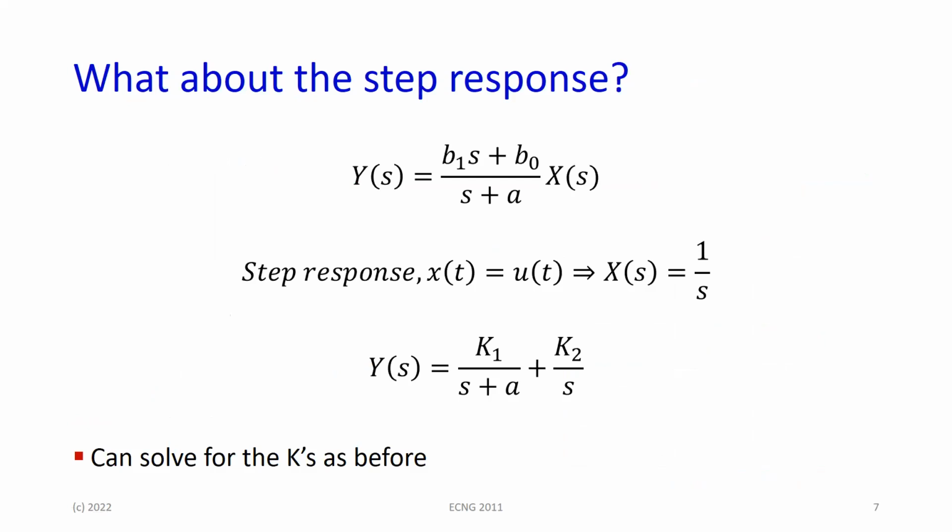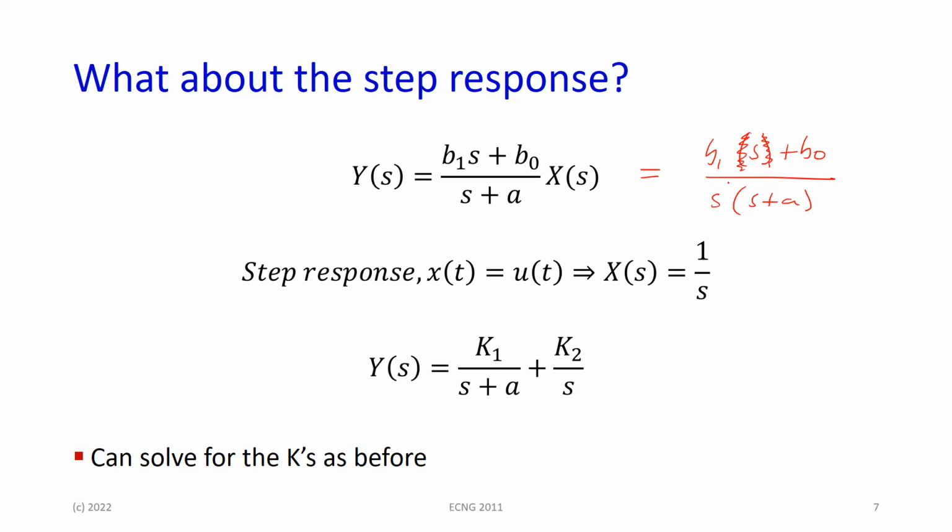What about a step response? In the case of the step response, x(t) is u(t), so X(s) is 1 over s. So again, you put in X(s) as 1 over s inside of here, and then you go through the process and you solve. With partial fractions, this is going to be (b1 s plus b0) over s into (s plus a).